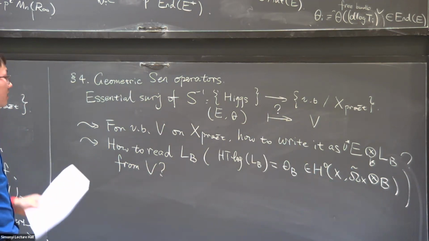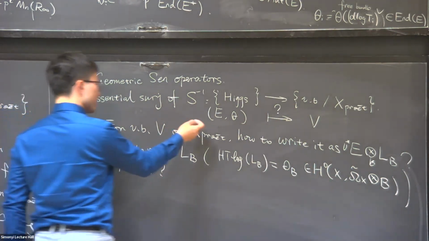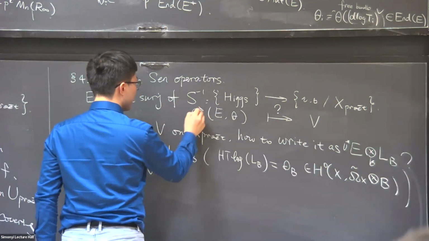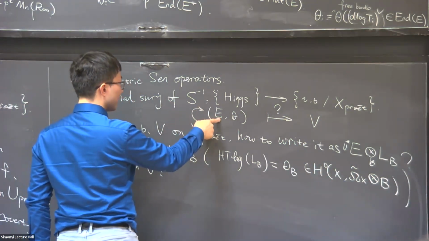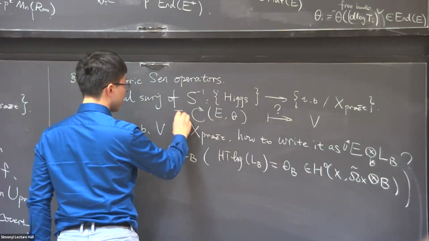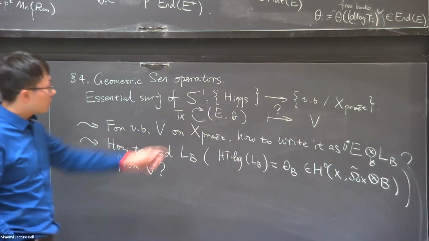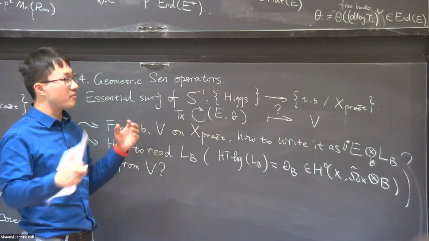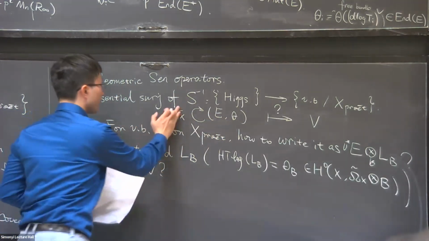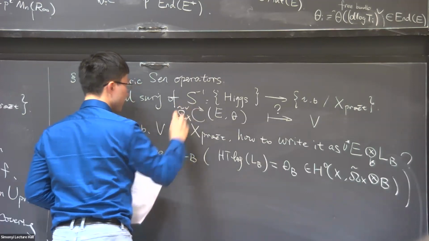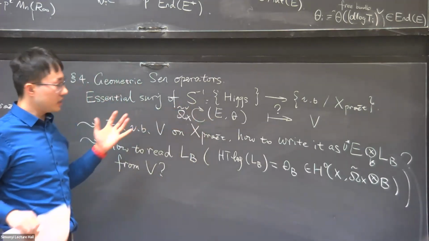We can see that there is a very simple observation: theta on E is just a Tx action. So the Higgs field is just a Tx action on E. Such a Lie algebra acts on E, right?